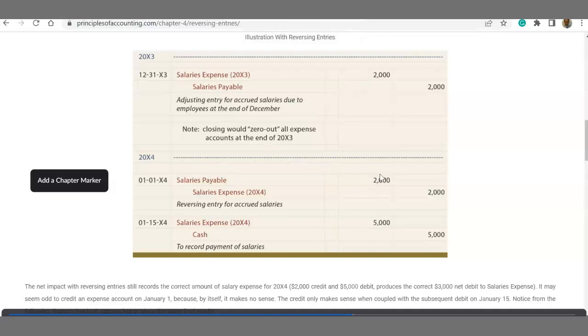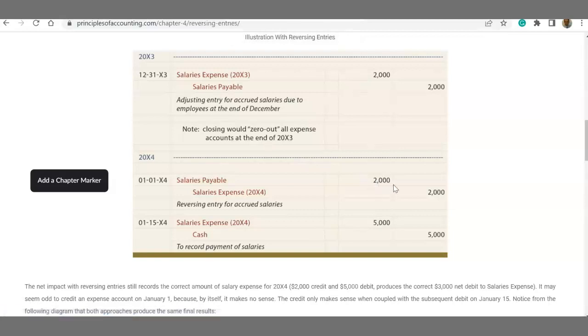The reason is no problem to reverse it anymore because your financial statements are prepared already, right? So you reverse it and you reduce your salaries payable by 2,000, which you recognized in here. You reduce it and you put a negative number, a deficit, on the salaries expense.